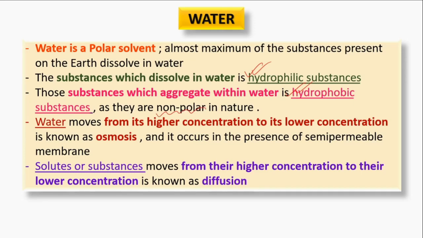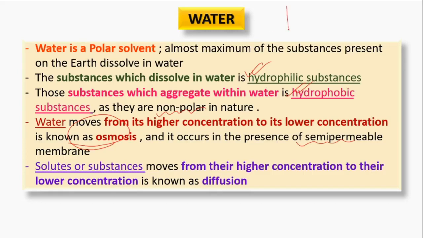Water shows a movement from its higher concentration to its lower concentration, and this procedure is known as osmosis. It occurs in the presence of a semi-permeable membrane.